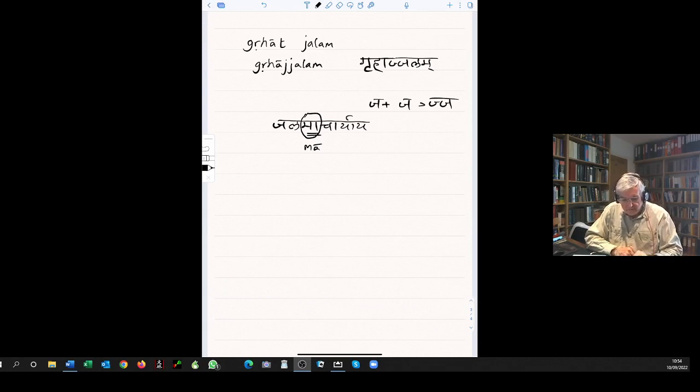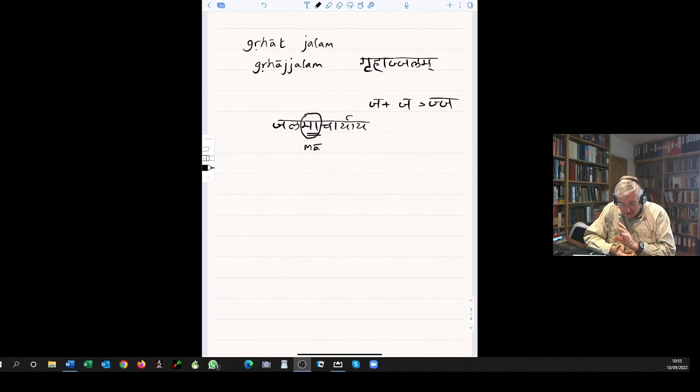Sentence F. Shishyat jnanam acharya labhante. Just as we saw a final t merging with a following j, grihat jalam becomes grihad jalam, double j, the same happens with the final t and a following l.